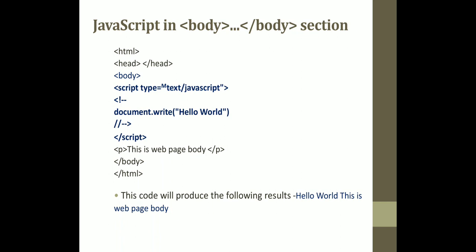So in the body section you can see the script type equals text/javascript, and document write is hello world. This is the web page body as a paragraph we have mentioned, and this code will produce the result as hello world. This is web page body. So the output or the pattern is the same, we have just included it in the body section.